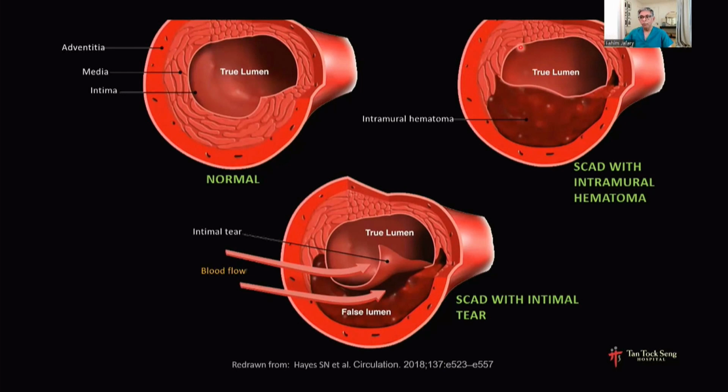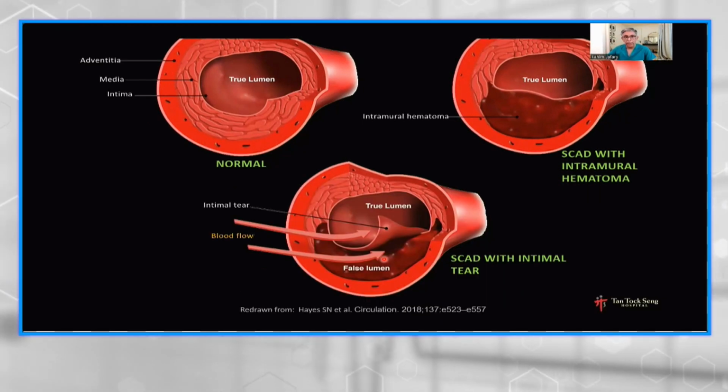And so this one is more risky than this, because at this point the hematoma is draining into the lumen, and so whatever the true lumen is, it's at its worst. And so we worry more about people with isolated intramural hematoma compared to those with a hematoma with an intimal tear. And that's an important concept to keep in mind as we talk about management down the line.